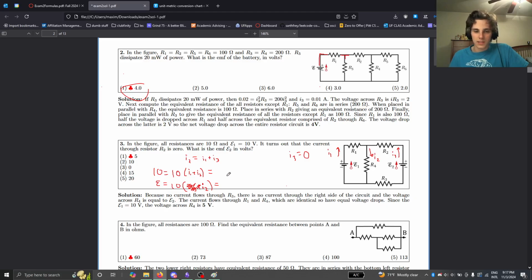So with that in mind, let's sub in for I1 here. I3 is 0, so I1 is just equal to I2. So let's sub in for I2 here. So 10 equals 10 I1 plus I2. Again, they're equal, so 2I2.